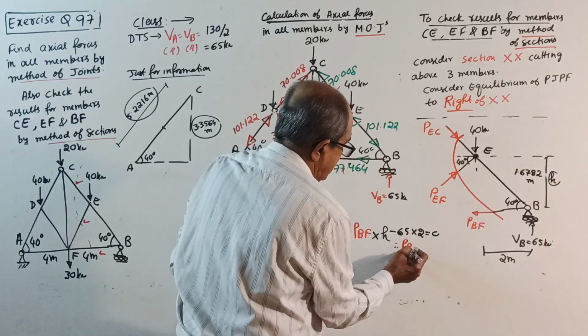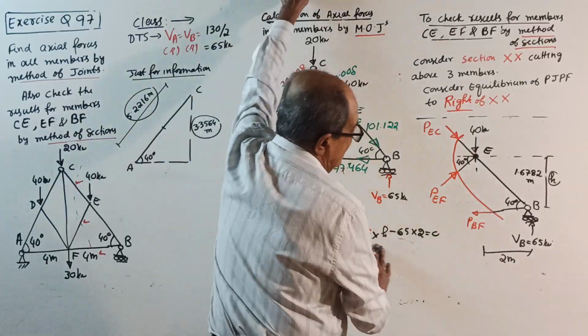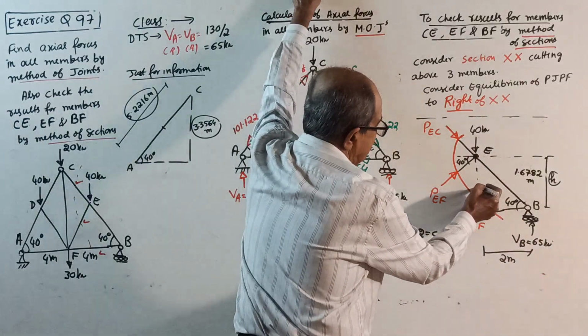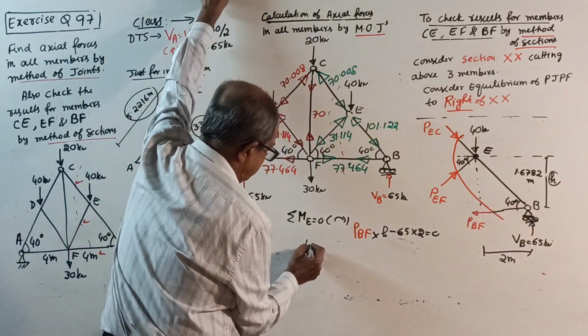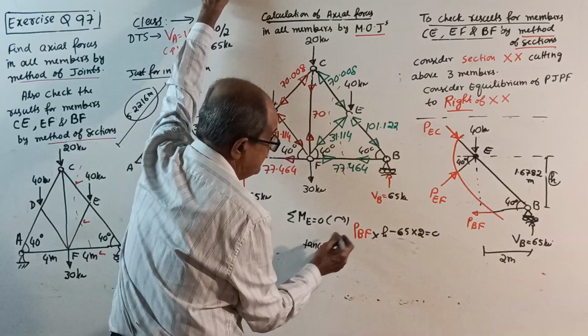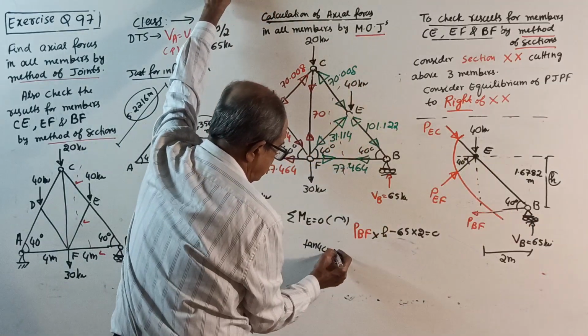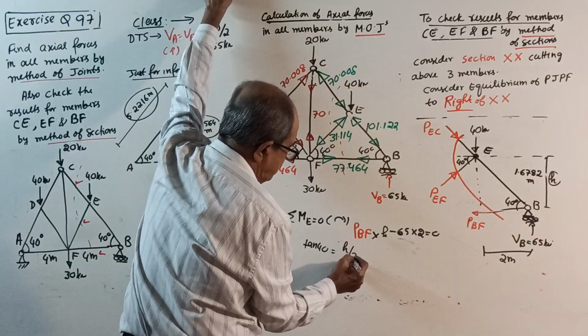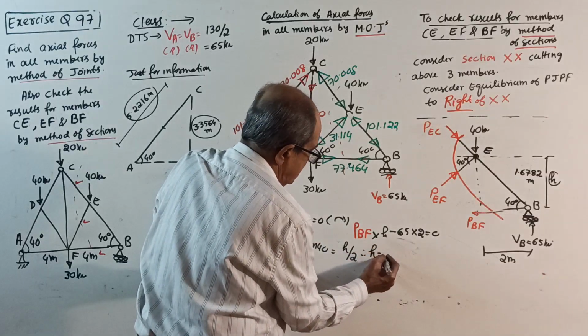Therefore, P_BF will come. But before that, you require H. See, how to find H? See here. Directly see here. Tan 40, in this triangle, tan 40 equals H divided by 2. Therefore, H will come.